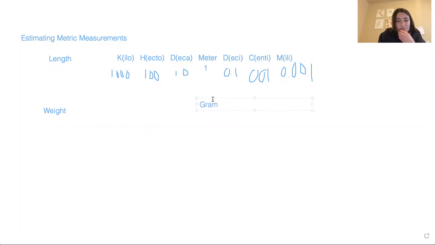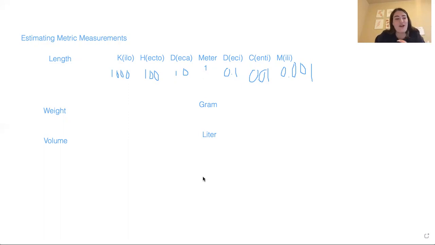And for volume, meter is switched out by liter. But it's the same. So 1 kilogram is 1,000 grams, and 1 kiloliter is 1,000 liters. And then 1,000 milliliters is 1 liter, and 1,000 milligrams is 1 gram. So it works the same each way, except meter, gram, and liter are switched out for each other.